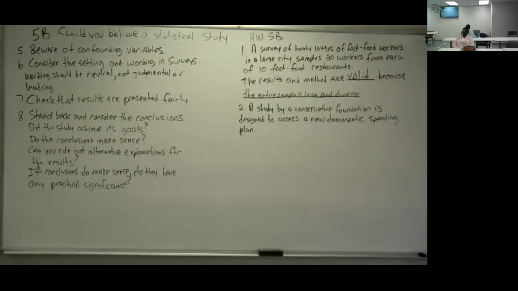It is unlikely that there are any confounding variables in the study. D says, yes, there is reason. It makes sense that a Democratic spending plan would be studied by a conservative foundation. E says, yes, there is reason. The variables that were measured are not identified. And then F says, no, there is not a reason. There is no bias in the study.